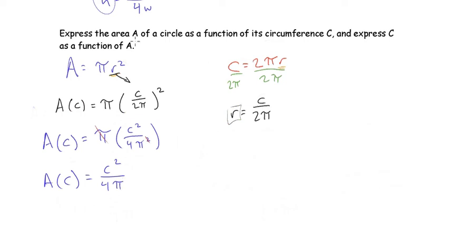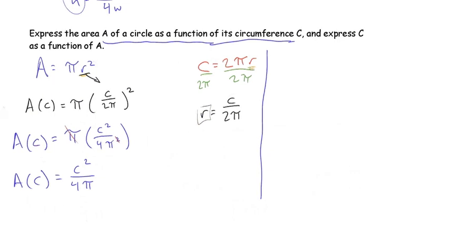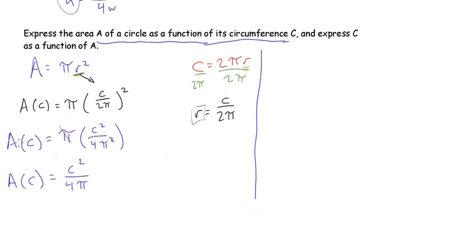We expressed the area A of a circle as a function of its circumference C. Now, the second part is, can we express C as a function of A? We'll use that same equation: area is equal to C squared divided by 4 pi.